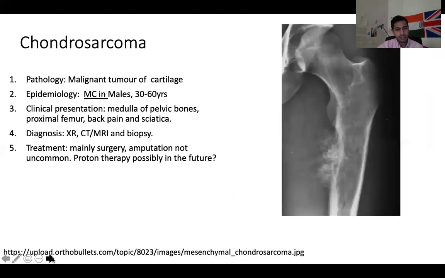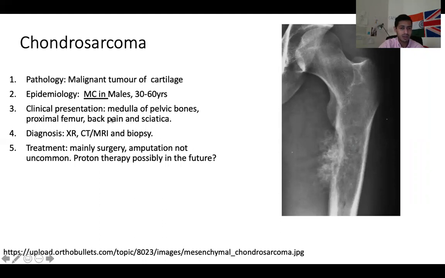This is a chondrosarcoma. This is a malignant tumor of cartilage, most common in males between the ages of 30 to 60 years. Tends to affect the medulla, once again, of pelvic bones and the proximal femur, right here. And it can cause back pain and sciatica.